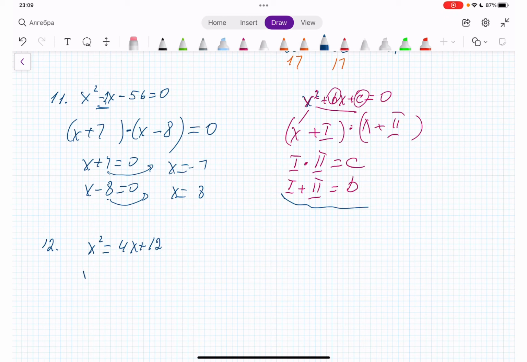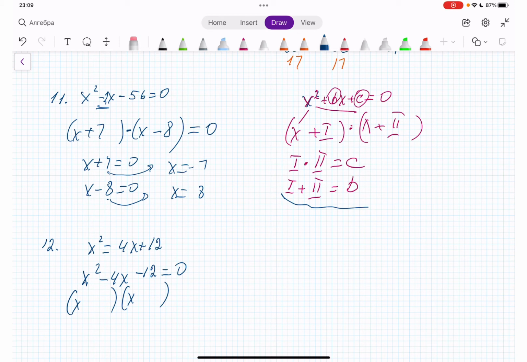It was positive, it will become negative. It was positive 12, it will become negative 12, equals 0. And now let's figure out how we are going to factor.